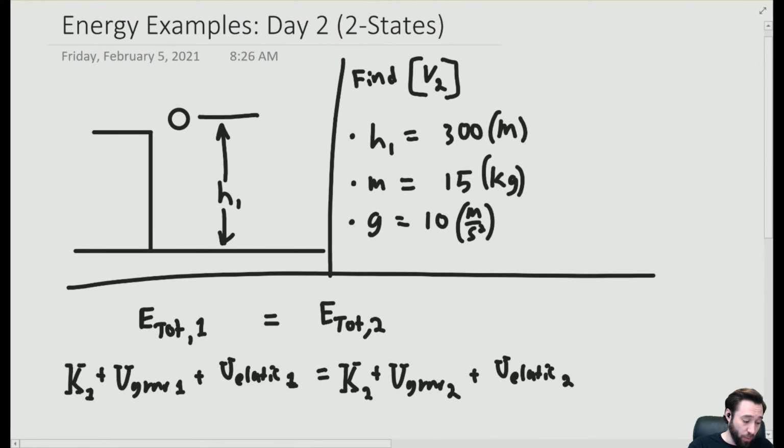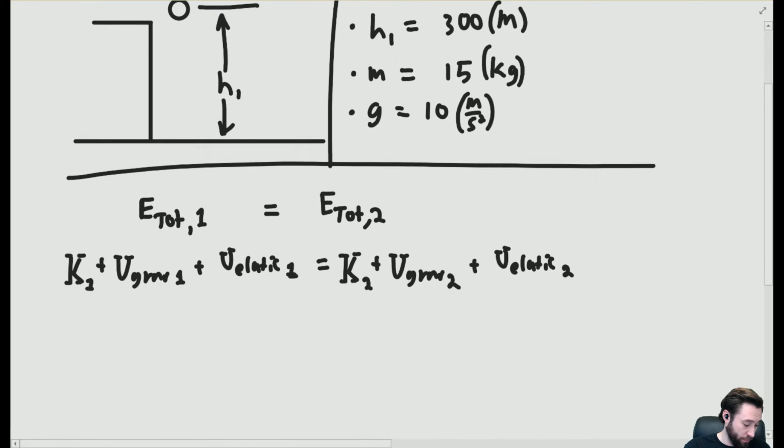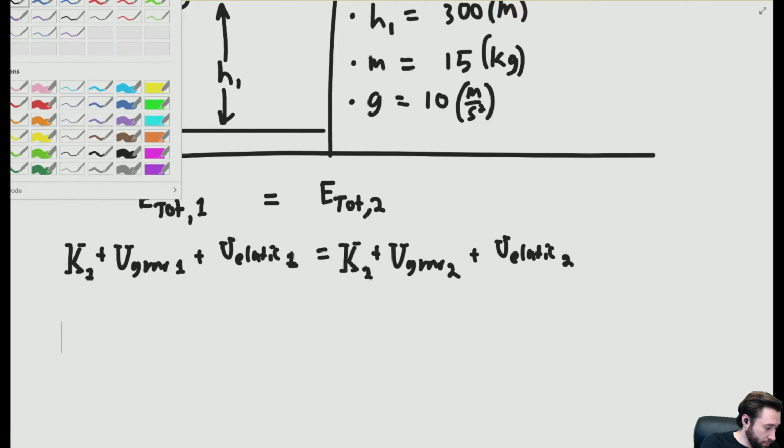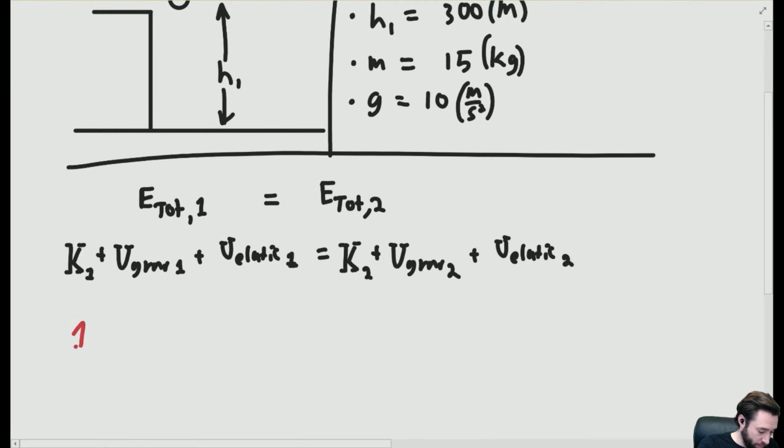So at state 1, this is going to be the instant that I release the ball. So does the ball have a velocity at state 1?